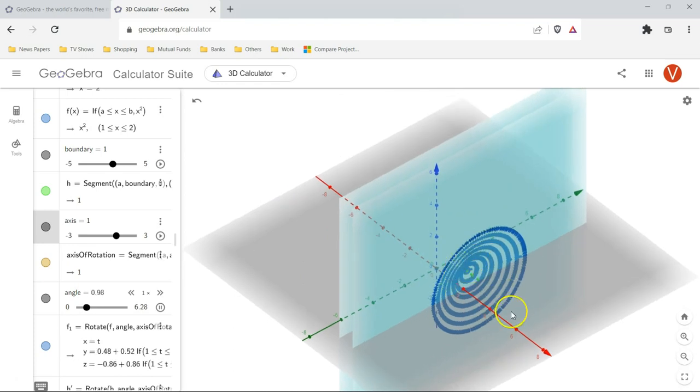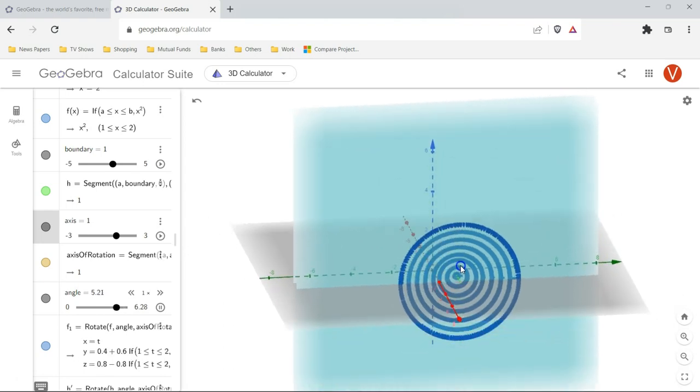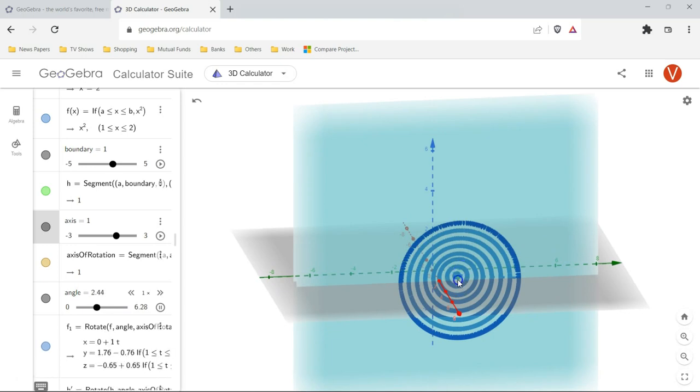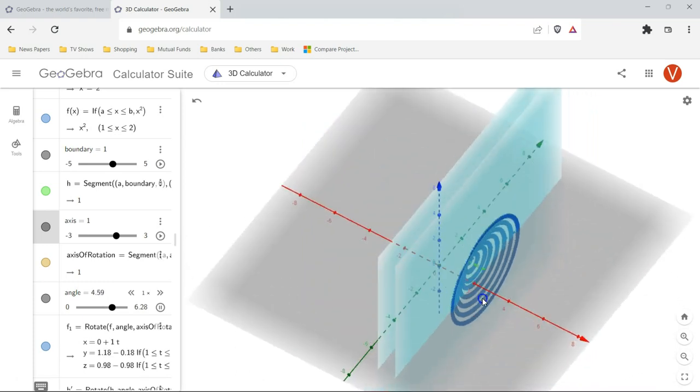Remember, we are rotating both here. In the previous case, this green curve was forming a cylinder. But here, it is not forming a cylinder. It actually doesn't form any, because the axis of rotation and the second boundary are at the same place. So when it rotates, it doesn't form a volume.